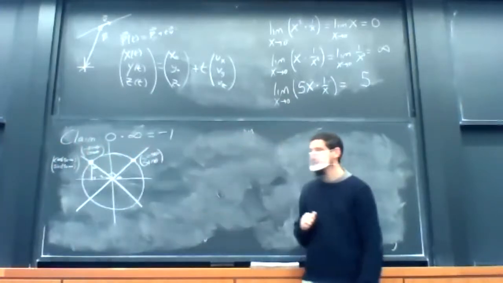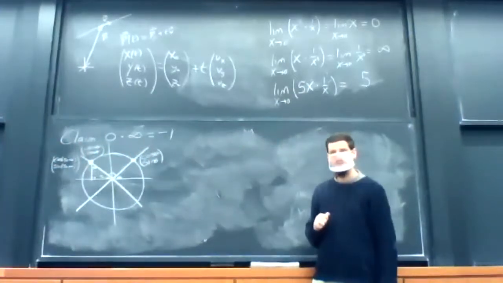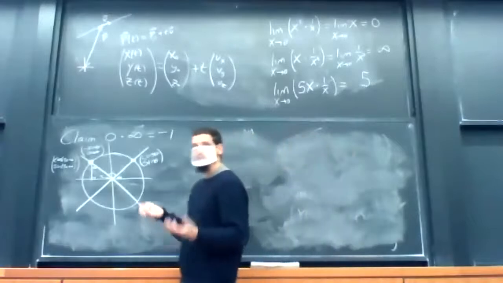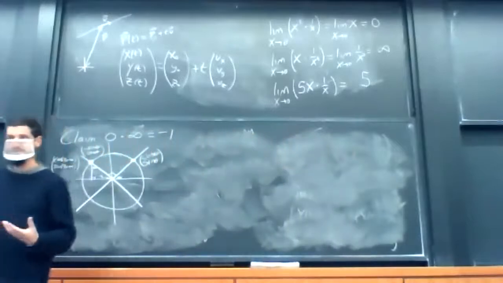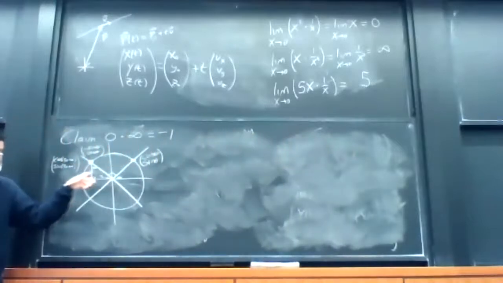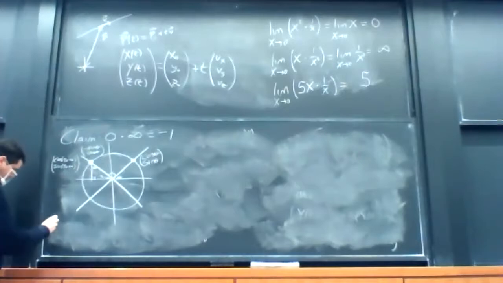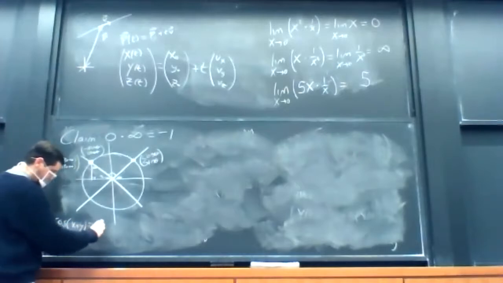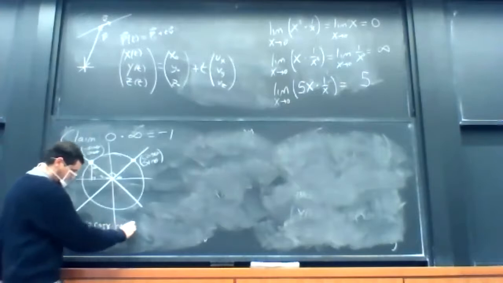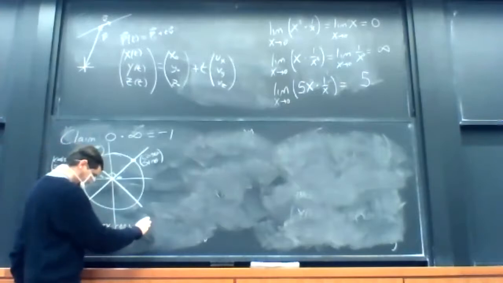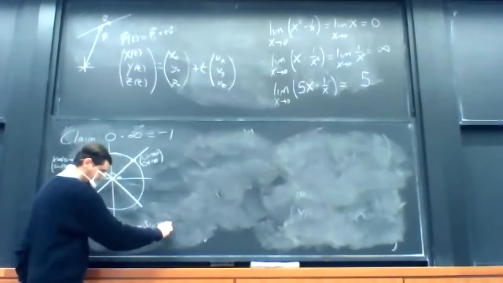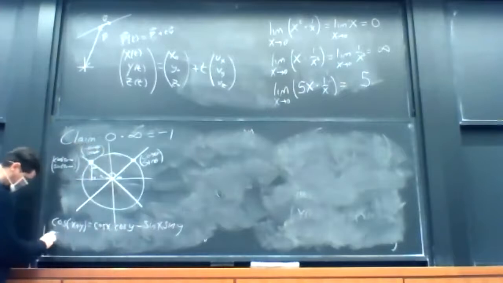Is everybody comfortable with how we get those coordinates? There are many different ways you can do it, and we need to do a little bit of trig, but this is a great way to review trig. I can write it as 90 plus theta. I can use 90 minus theta and work with it like that. I can use my trig identities. Cosine of x plus y is cosine x cosine y minus sine x sine y.